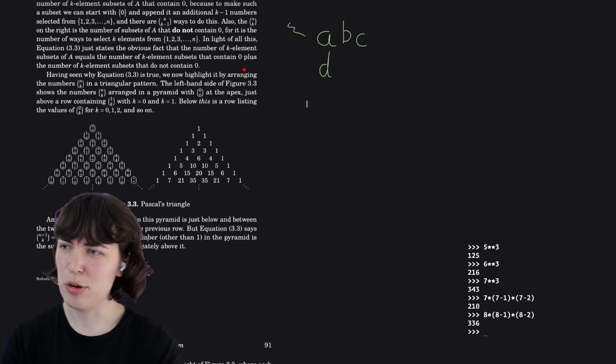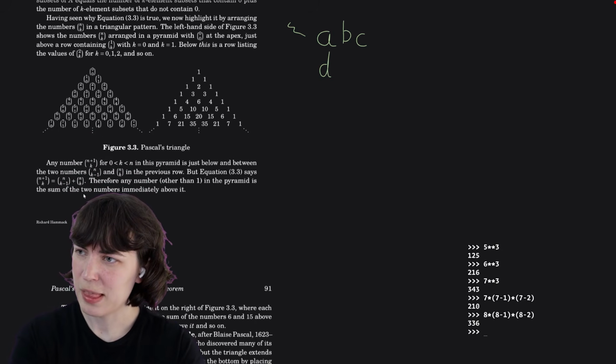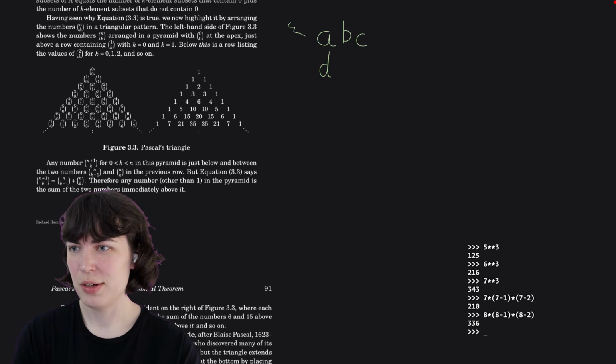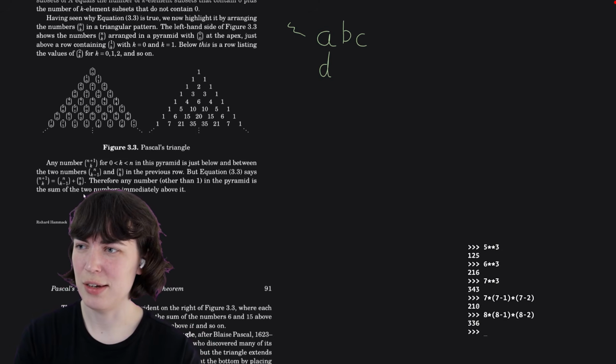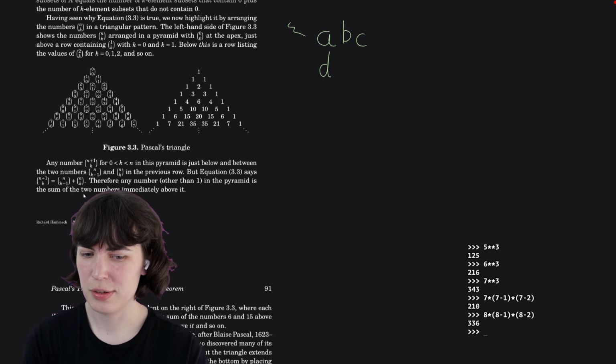The left-hand side of figure 3.3 shows the numbers n choose k arranged in a pyramid with 0 choose 0 at the apex, just above a row containing 1 choose k with k is 0 and k is 1. Below this is a row listing the values of 2 choose k, for k is 0, 1, 2, and so on.